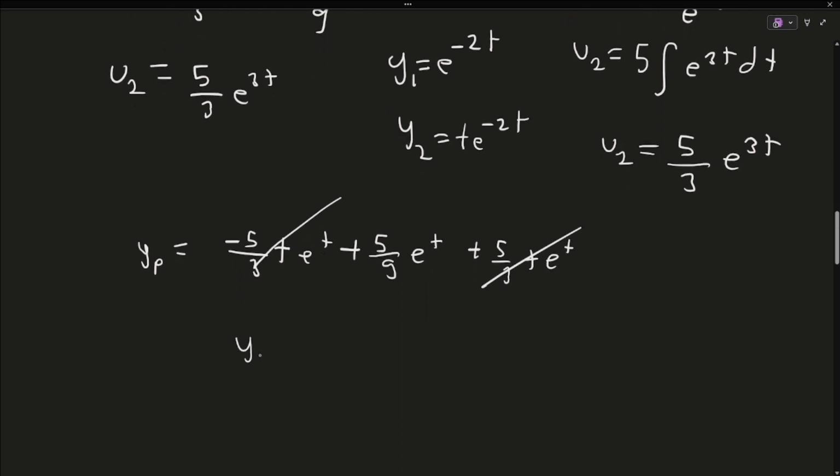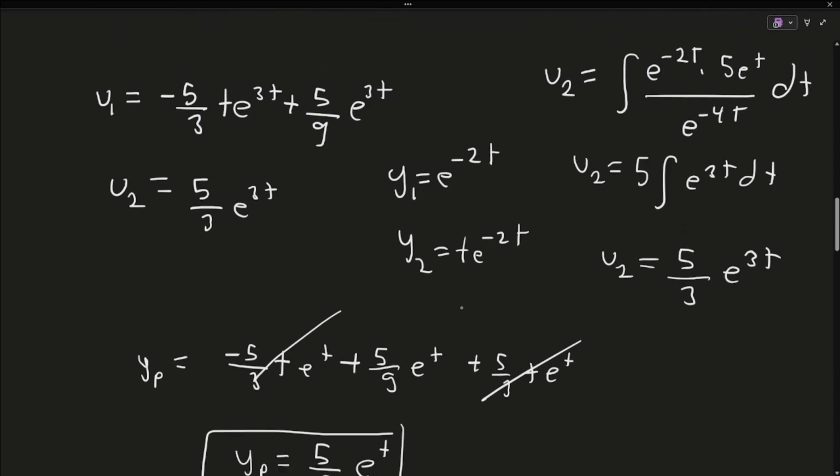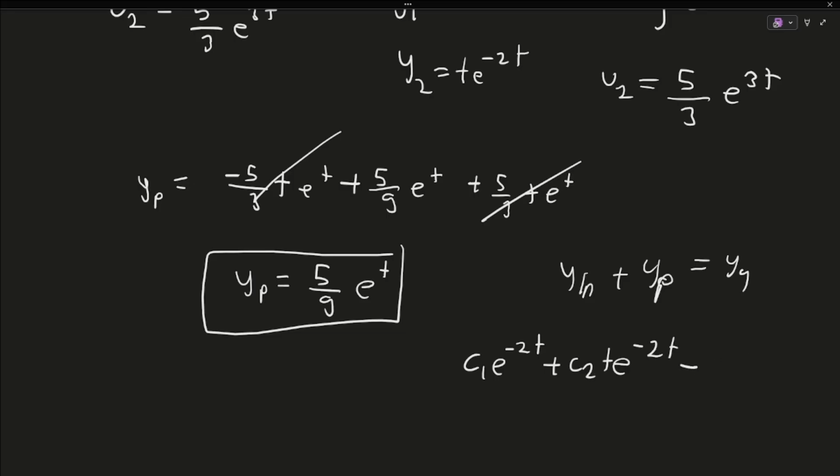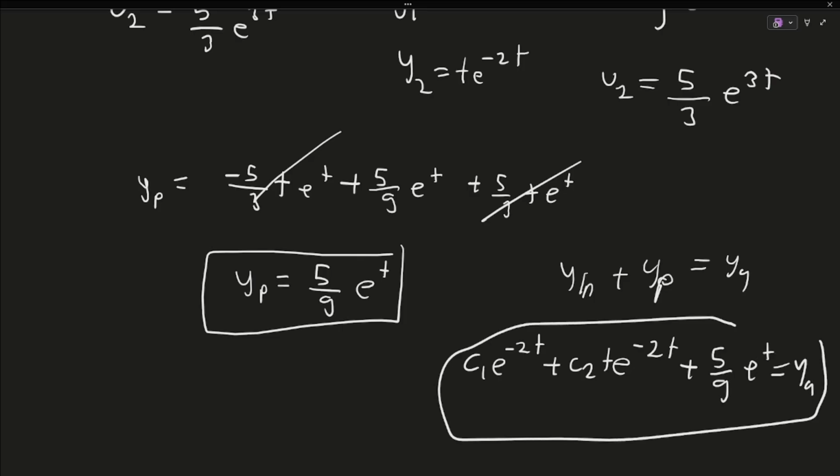So y particular will be 5 over 9 e to the t right here. So our general solution will be y homogeneous plus y particular equals y general, and our y homogeneous was c1 e to the minus 2t plus c2 t e to the minus 2t, and y particular will be 5 over 9 e to the t, and this will be equal to y general.